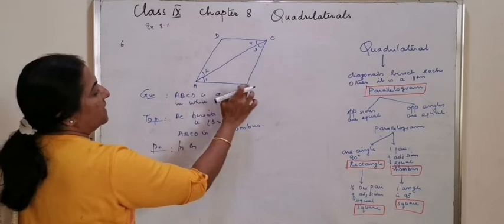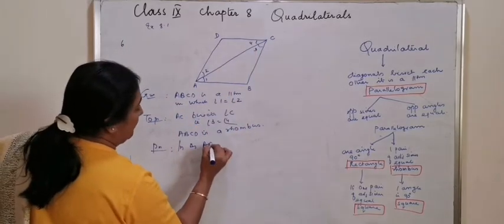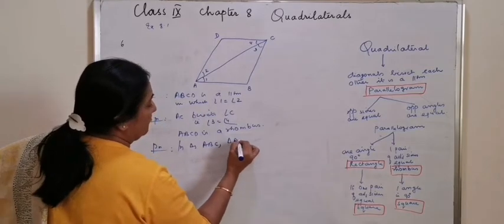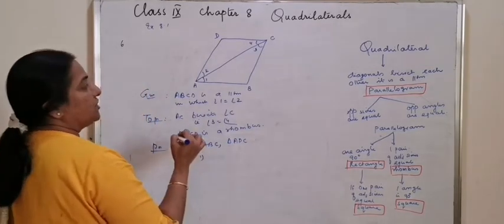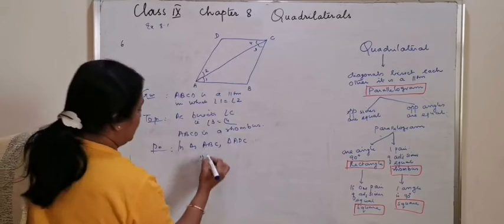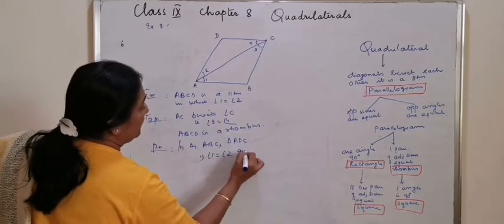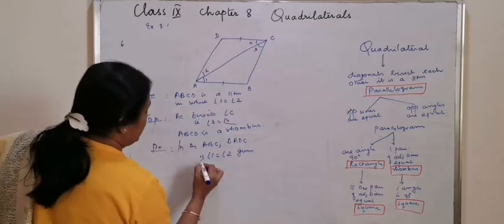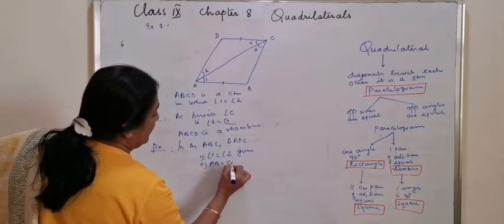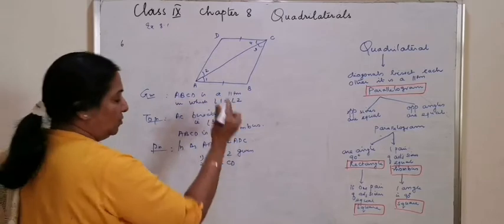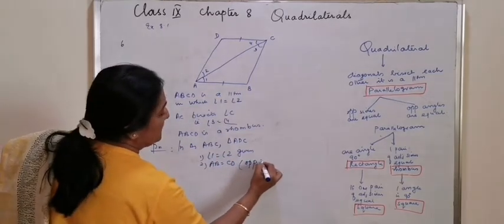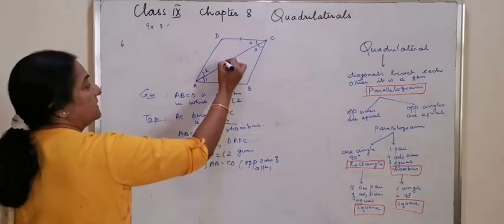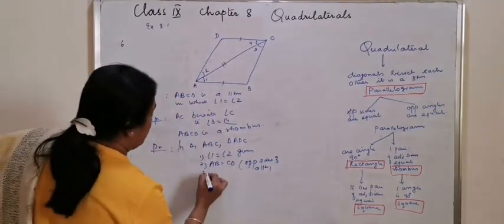In triangles ABC and ADC, first condition, angle 1 is equal to angle 2, it is given. Then AB is equal to CD, opposite sides of a parallelogram, and AC equal to AC, common.